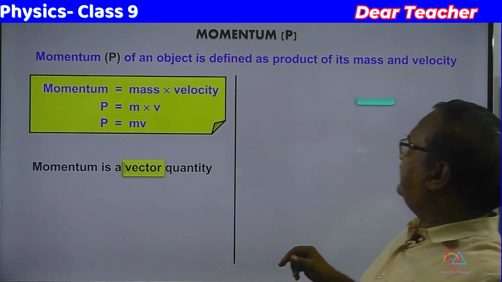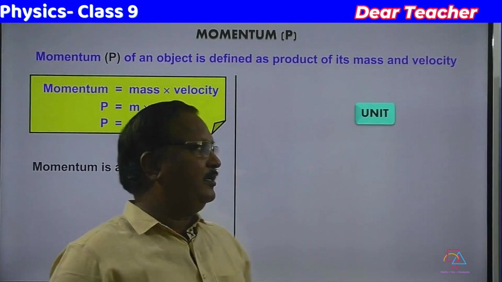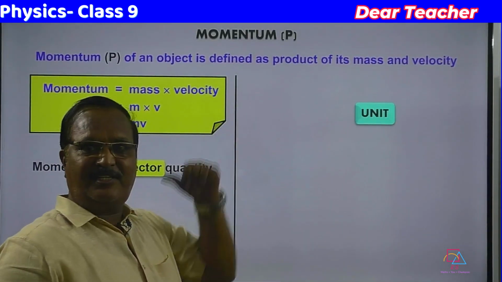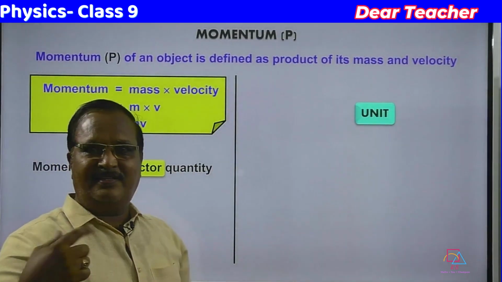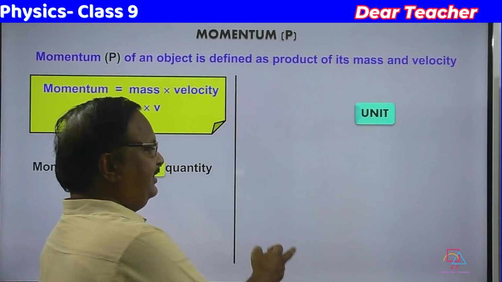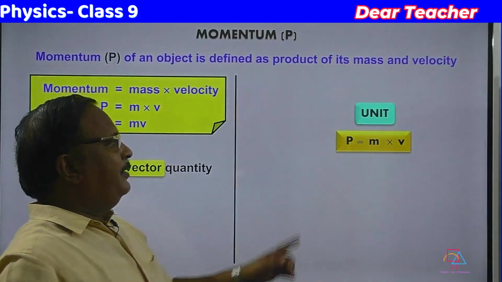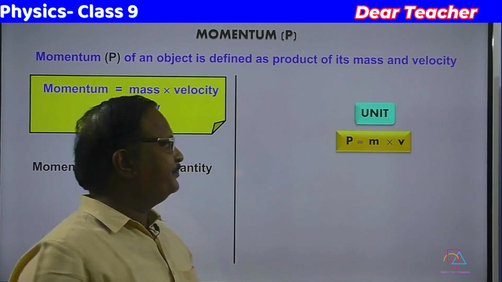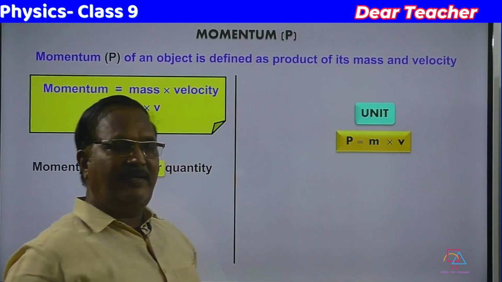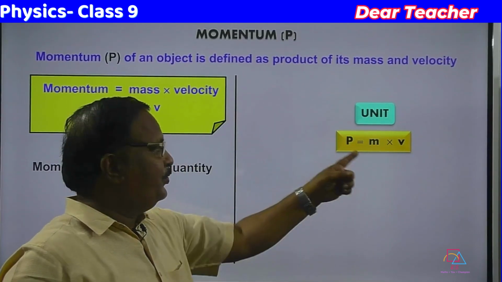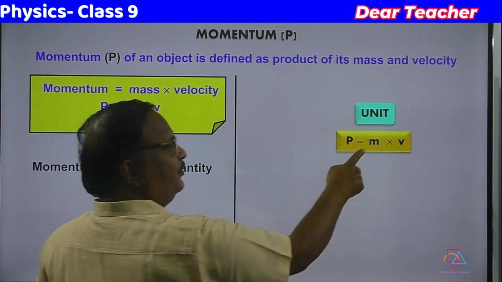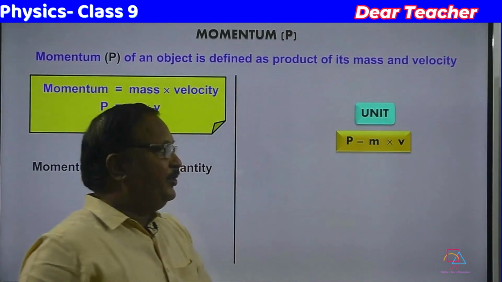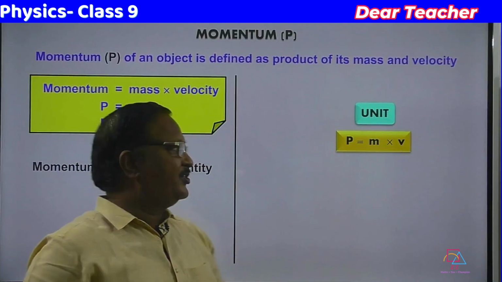So let us know a little more about momentum, because the definition is over, the equation is over. The next one is unit. Unit comes from the equation, I told you. So P is equal to mv. Let us understand the unit of momentum. We know the unit of mass and we know the unit of velocity.